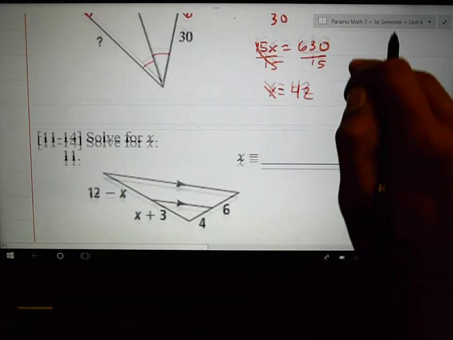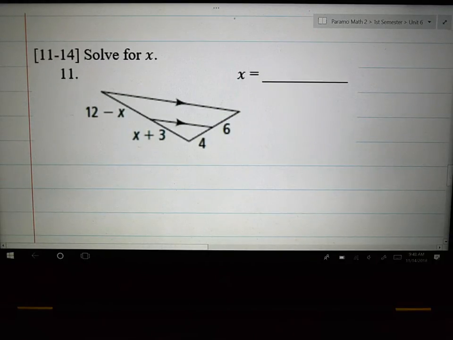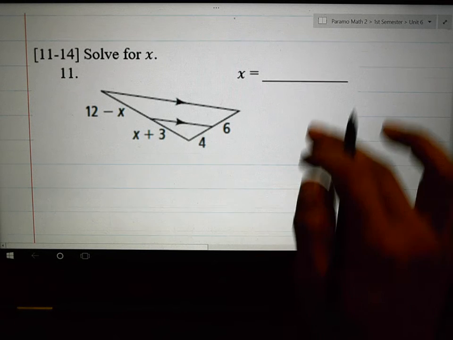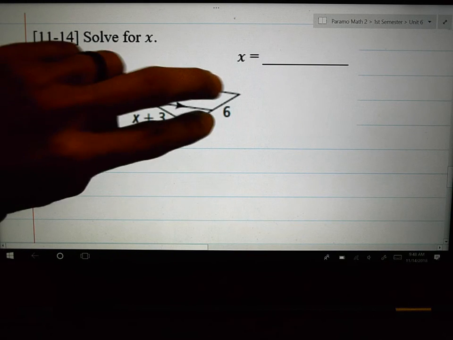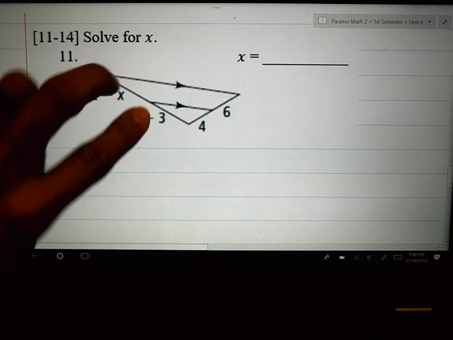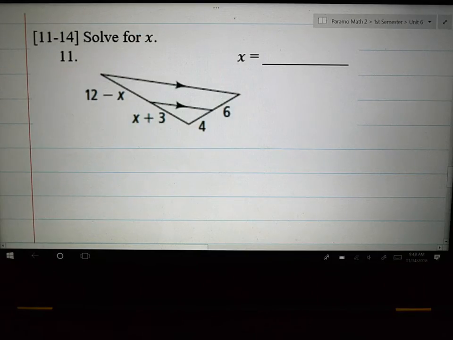Last example. Number 11. I picked number 11 because it had multiple x's, just in case. So I look and I see these 2 are parallel, and I have a side and another side and another side. So I could use the side-splitter theorem.